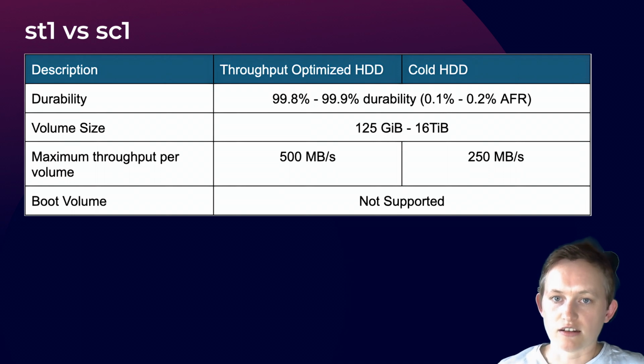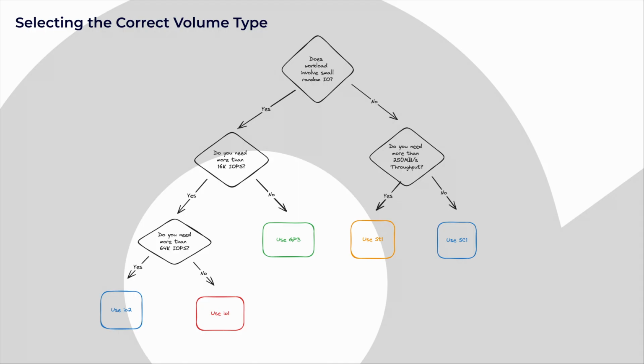With HDD volumes, in order to get that full throughput performance, just make sure that your application or operating system is setting an IO size of 1024 kilobytes or 1 megabyte. Remember that we said the throughput is directly related to the IO size. So in order to achieve that full throughput performance, make sure that your application is setting the correct IO size that's required for your workload.